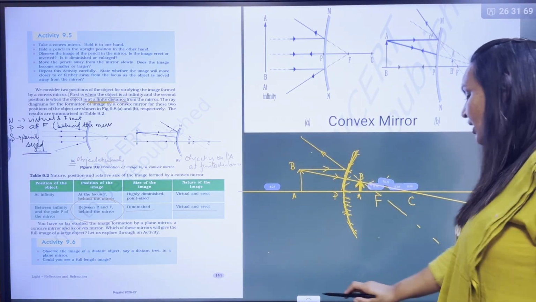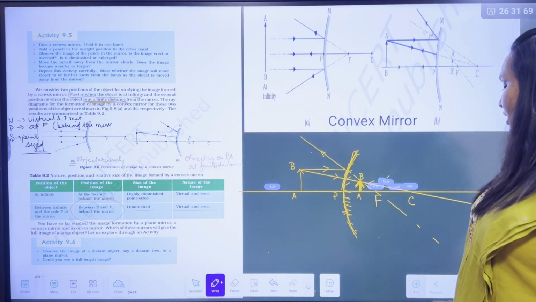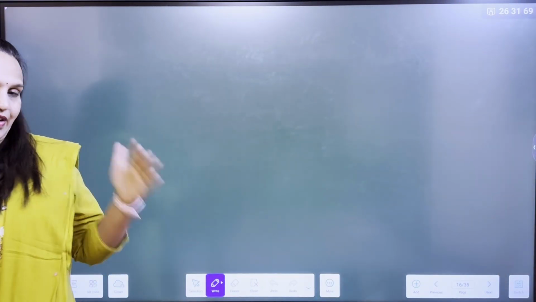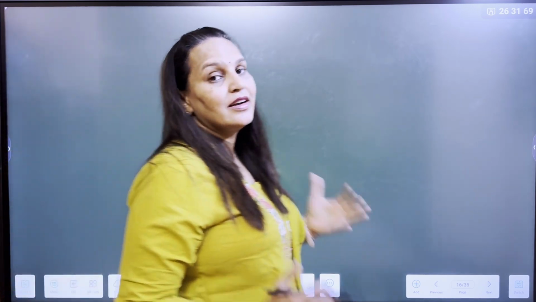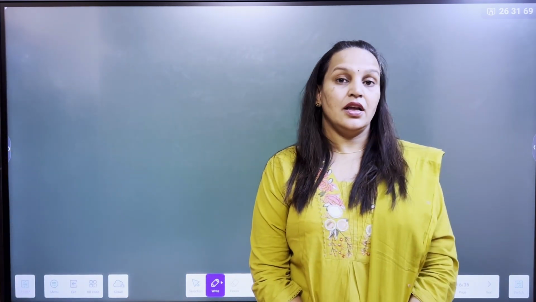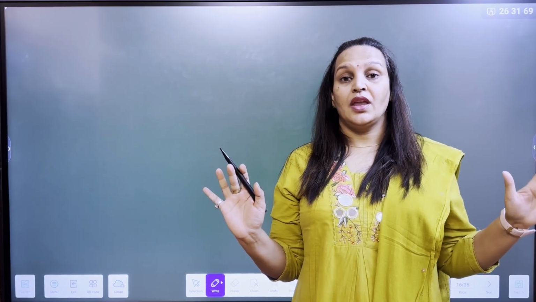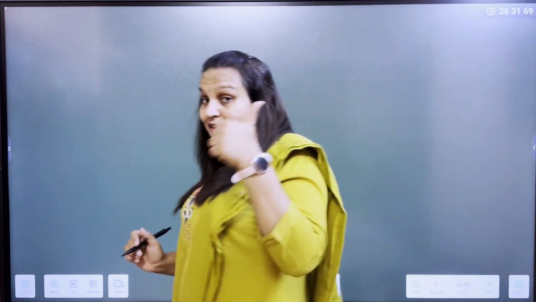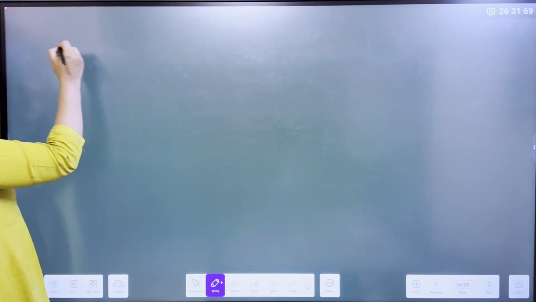Now if I give you three mirrors, plane mirror, concave mirror, convex mirror, how will you identify which is the given mirror? You can't touch, because all these three mirrors form a virtual and erect image. Listen very carefully.